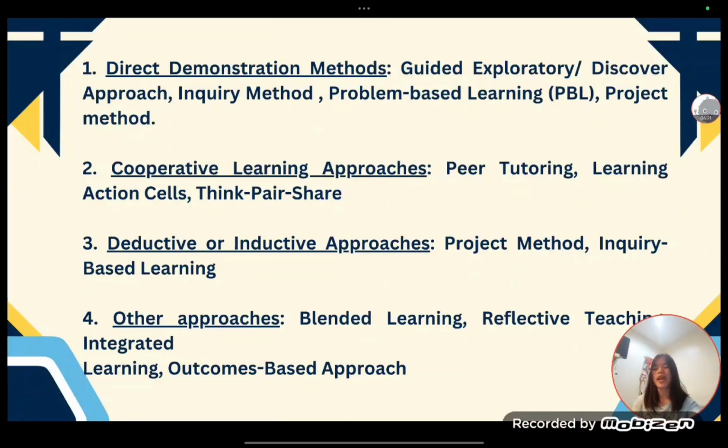Okay, next we have the deductive or the inductive approaches. This includes the project method and inquiry-based learning.